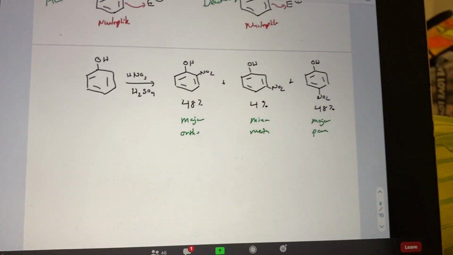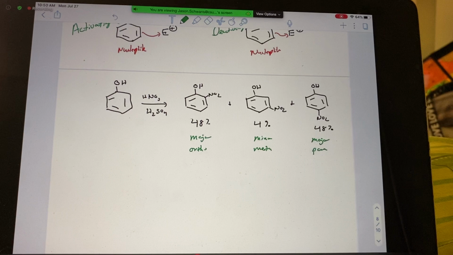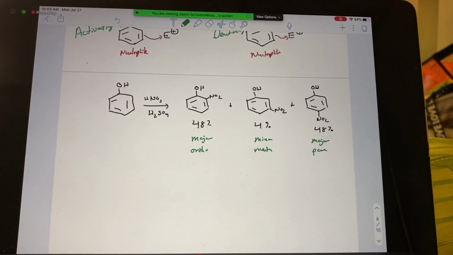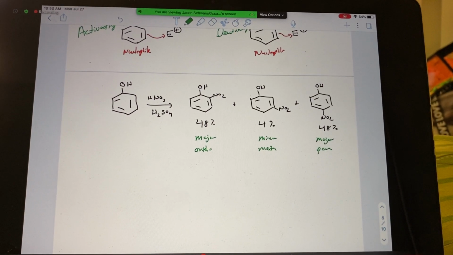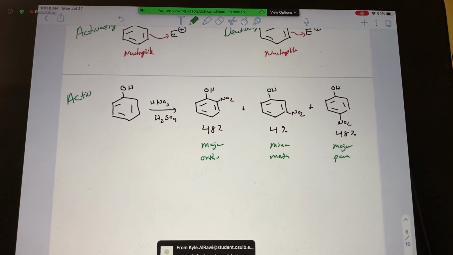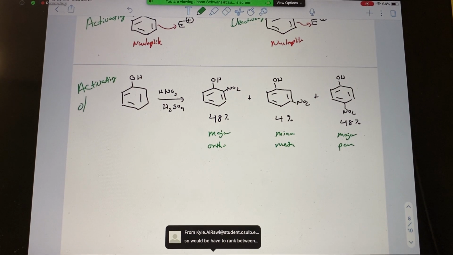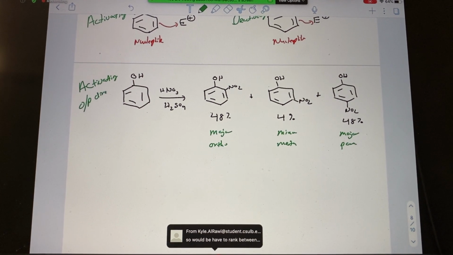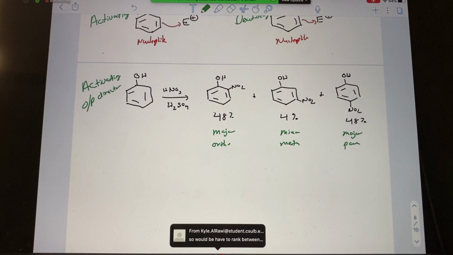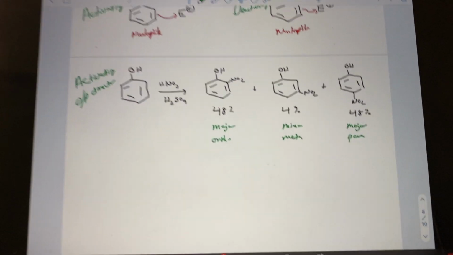Now, on top of that, let's say that this reaction with the phenol and the nitration actually happens faster. We'll make up a number like 100 times faster. So what that means is that this group, the hydroxyl group, is activating. And importantly here, it's an ortho-para director, because we're saying ortho and para as our two major ones.